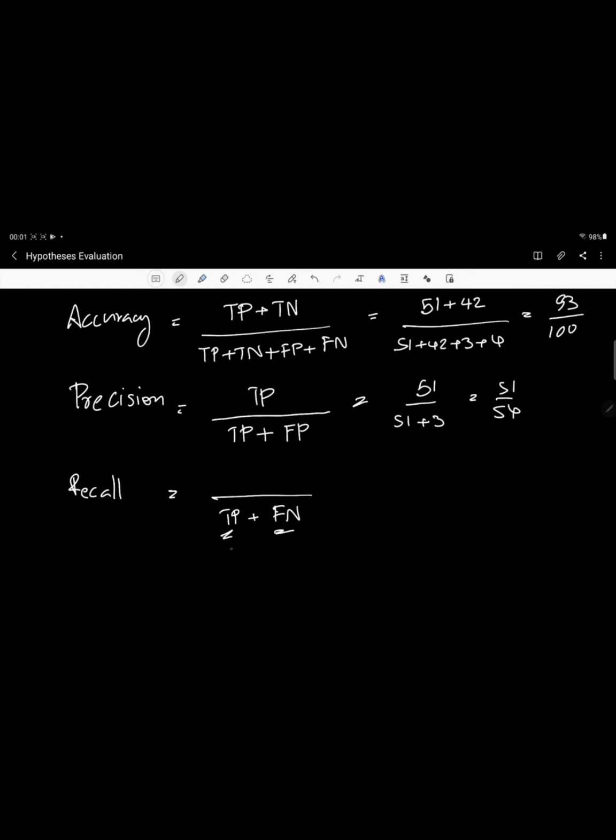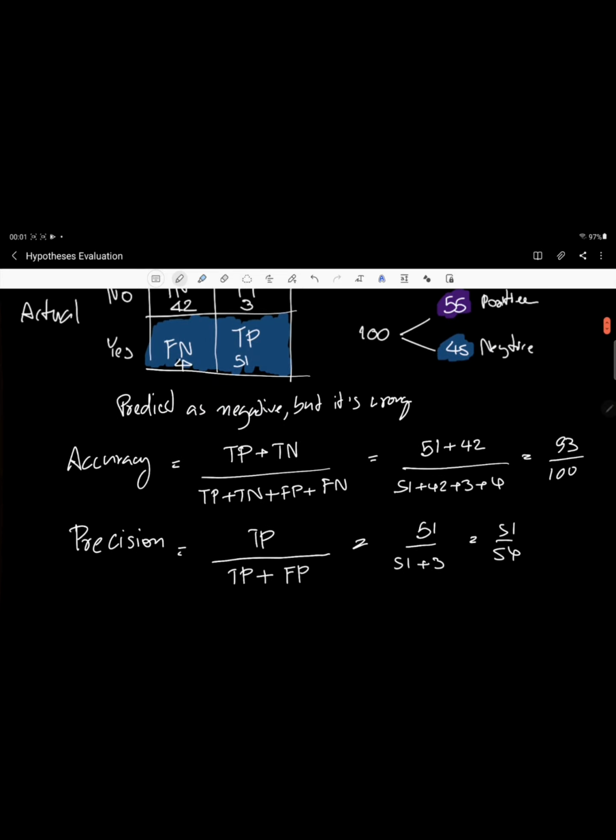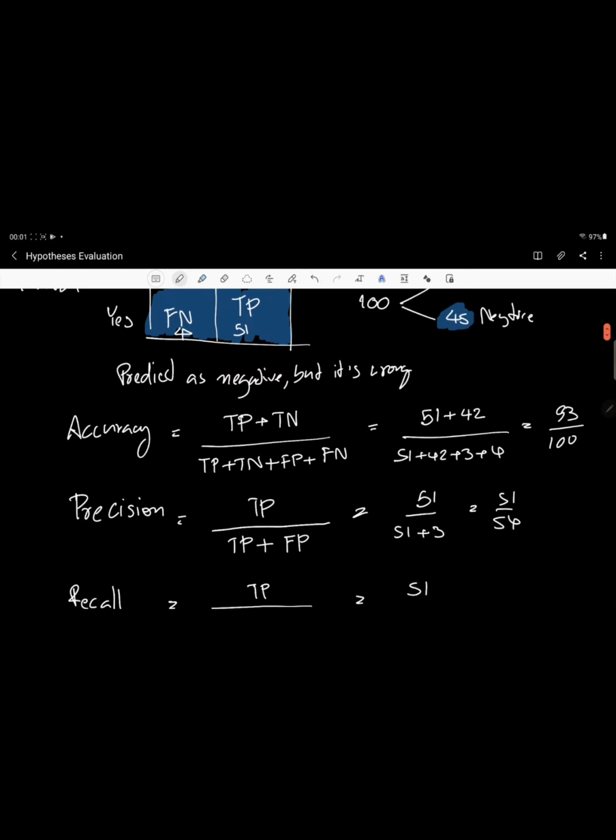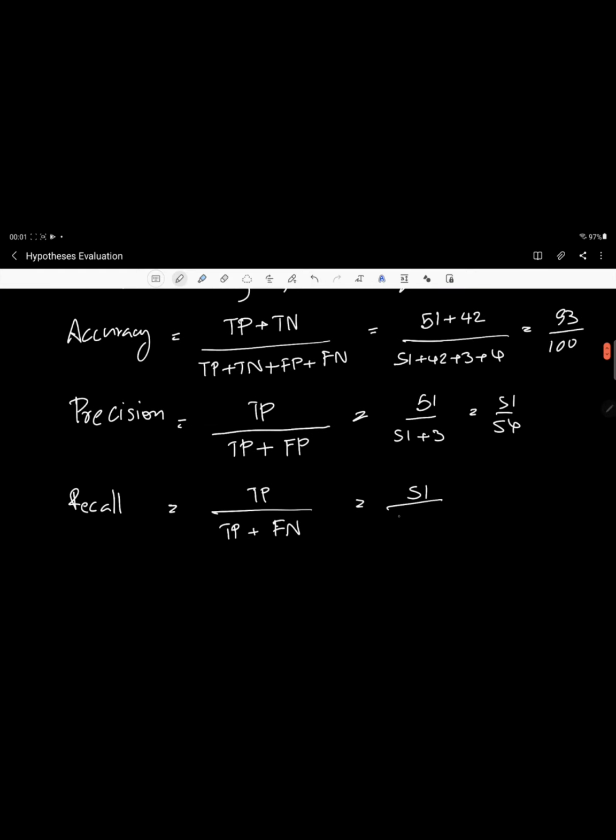Okay. Sorry, it's not classified as the positive, but it is actual positive. So this is the actual positive. How many of them are correct? It will be 51 divided by 51 plus 4.